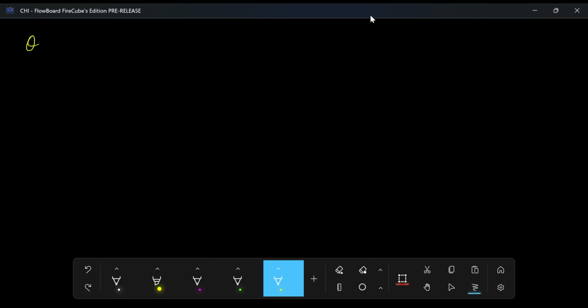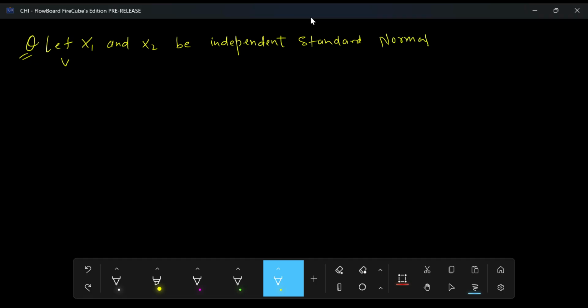Now here is the question. Let x1 and x2 be independent standard normal variates, and let y is equal to x1 minus x2 whole square divided by 2.